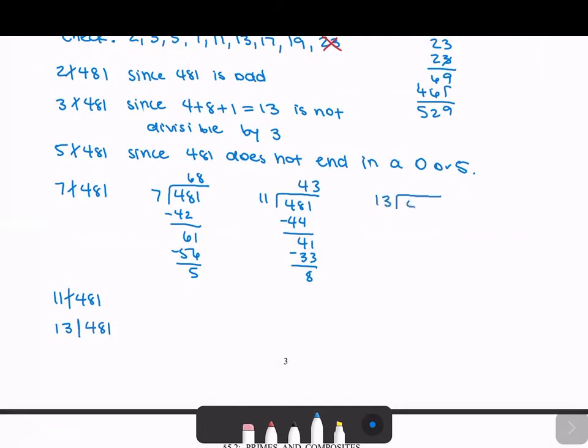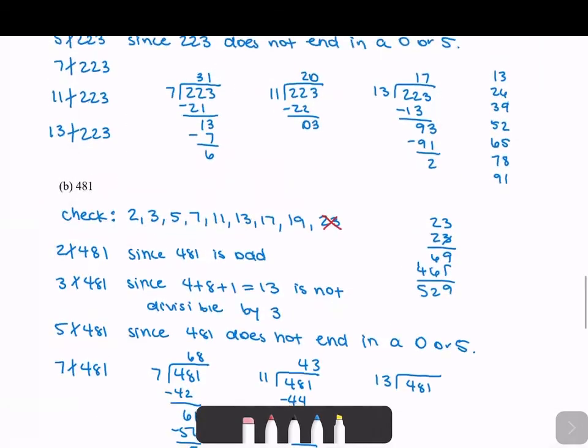So again, we divide by 13. 13 goes into 48. Wow, glad we listed these things up here. I remember we listed these multiples of 13 just because they may not be something off the top of your head.